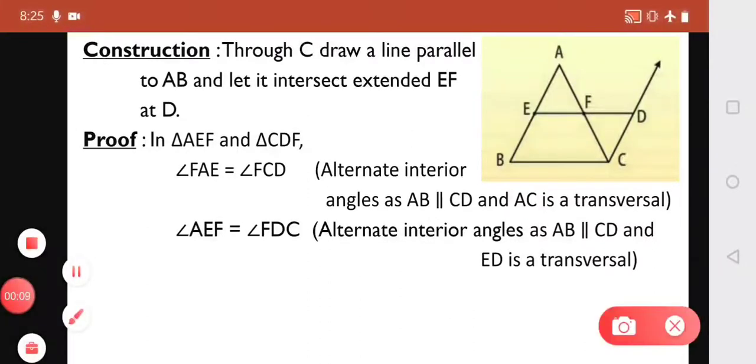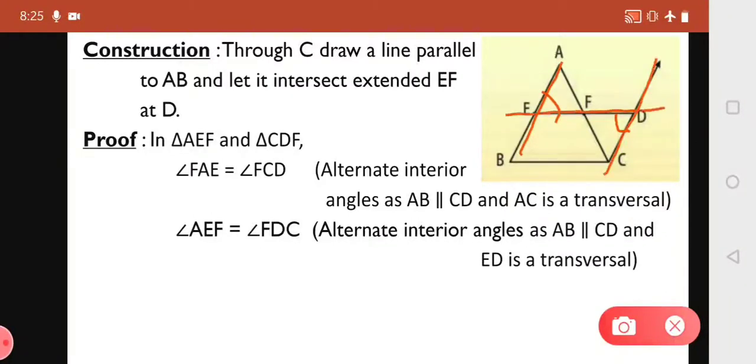Why? Because these are also alternate interior angles, as AB is parallel to CD and ED is the transversal. Now we have changed the transversal, so we get angle AEF equal to angle FDC. Yes, these are the parallel lines AB and CD, and now this is the transversal.